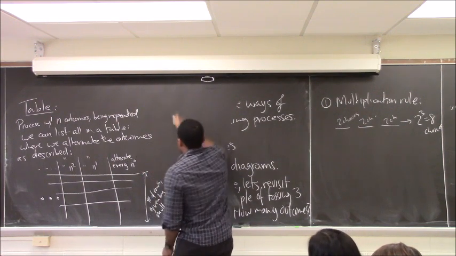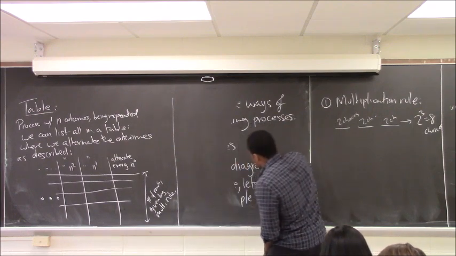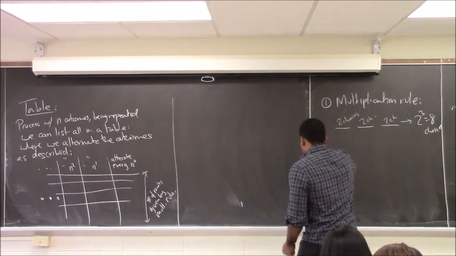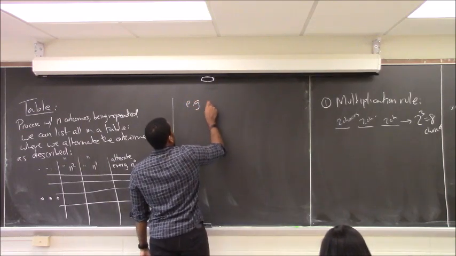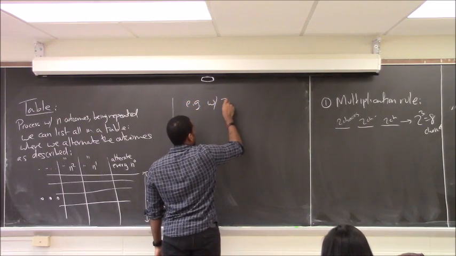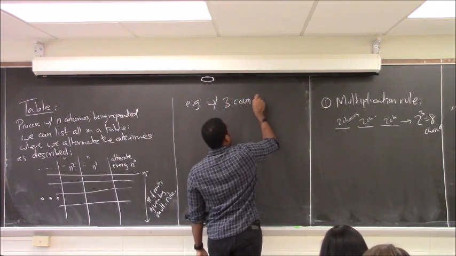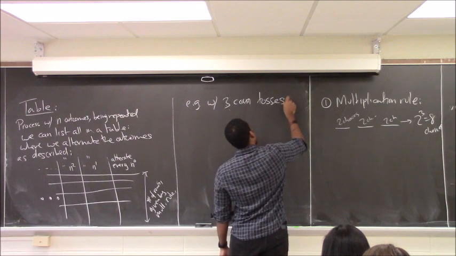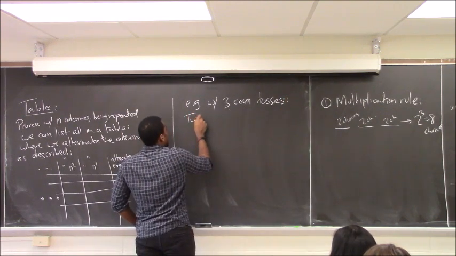But now you might want to actually see what the actual individual possibilities are, you can fill in a table. So for example, with the 3 coin tosses, we know that there are 2 possibilities.